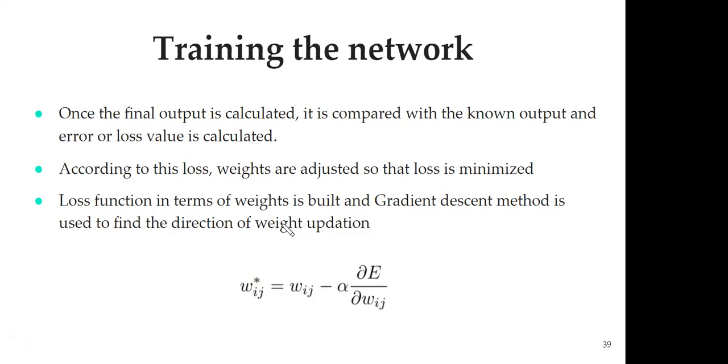Weights are adjusted according to this formula. E is the error function, and wij is one of the weights. The new weight is calculated by this expression, and here alpha is called the learning rate. We need to keep the learning rate low so that all the training data has some influence over the final neural network.